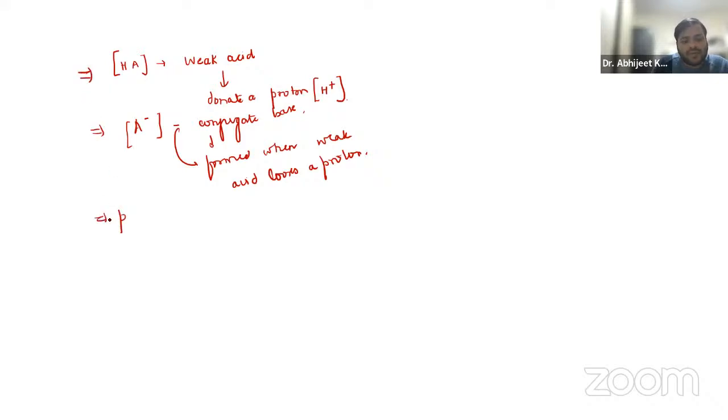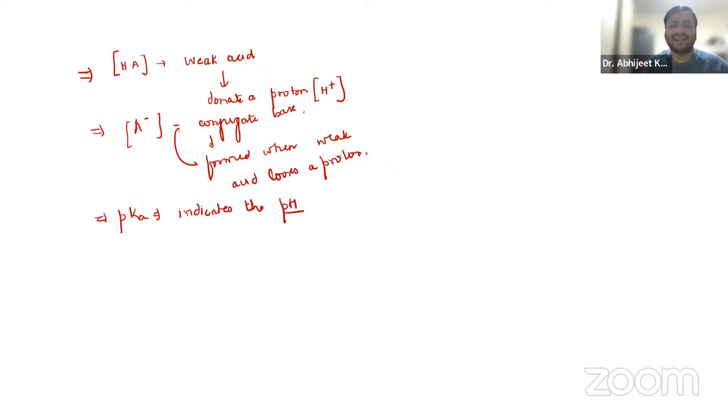If we come to pKa, you already know it indicates the pH. pH basically means the potence of hydrogen, how much power the hydrogen has.